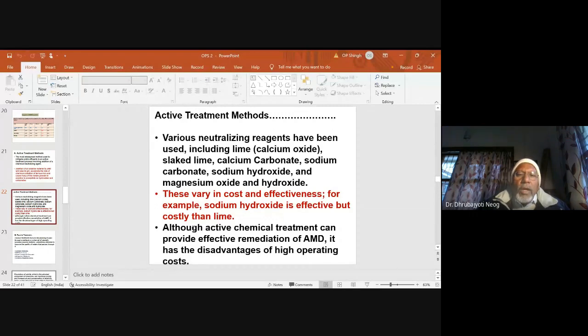So although active chemical treatment can provide effective remediation of AMD, it has the disadvantage of high operating costs, because acid mine drainage generates continuously, and you always have to add chemicals continuously. So it is a costly affair, and in emergency we use active treatment, otherwise we are not using it. Rather, we are using passive treatment, which I will discuss.